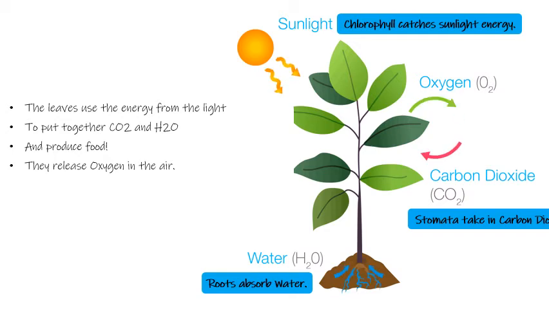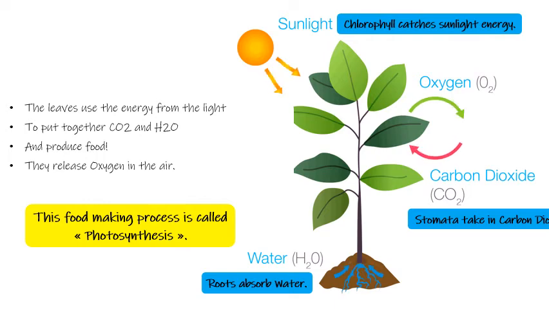Okay? While cooking and making sugar, plants throw oxygen to the outside. So plants mix together carbon dioxide and water in the presence of sunlight energy. And by this process, plants get sugar and oxygen. They throw the oxygen to the outside.